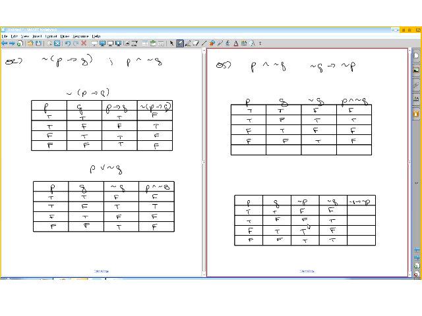And the only time that it's not true is if this is true and that's false. So we got true, false. That's the only one that's false. All the others are true because we either start with an F, which means we are true, or we have two trues, which is true. So we get true, false, true, true. Then we compare these last two columns, and you can see that they are not the same. They're actually opposite each other, so they are not equivalent. Okay, so we're going to stop there on this one.